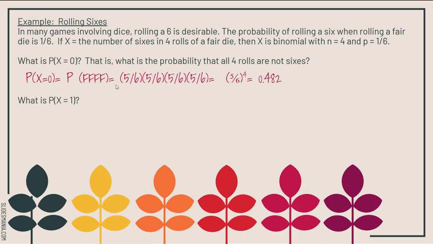So these are all not 6. So we would multiply these probabilities because they're all independent, remember? So 5/6 is the probability of not getting a 6. So the probability of failure is 5/6. So 5/6 times itself 4 times for 4 rolls. So we can write that as 5/6 to the 4th power, which is 0.482.